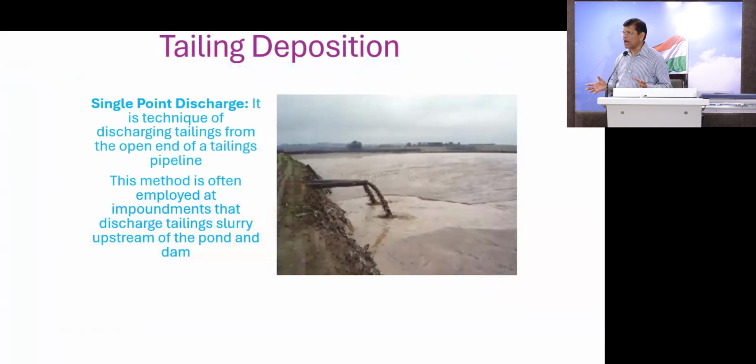Tailings deposition, how tailings are deposited. Like I said, mostly the slurry forms come through a pipeline. And this is called single point discharge. You can bring it and discharge it from the top. And this method is mostly employed to discharge slurry in the upstream of the pond.